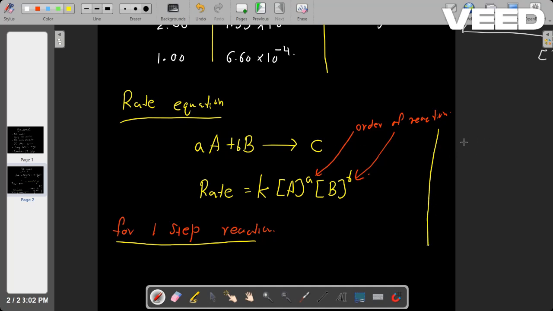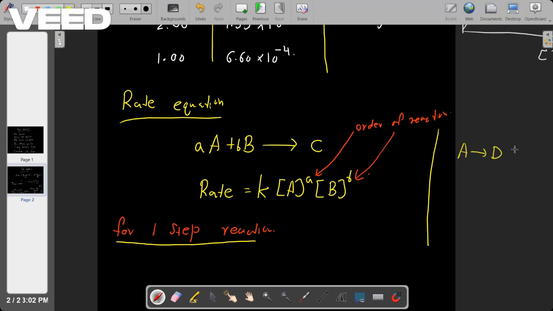For multi-step reactions we don't know. Let's say this is happening in two steps: maybe A is becoming D, and D is reacting with B to become C. So it's a two-step reaction. Then of course we can't use the stoichiometric values as the order.